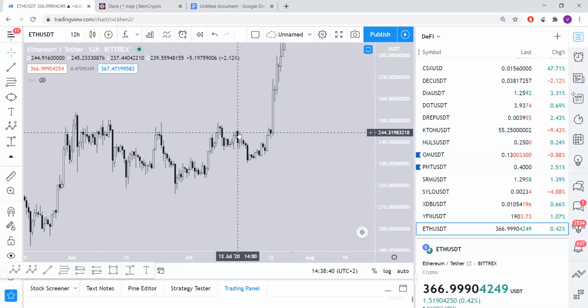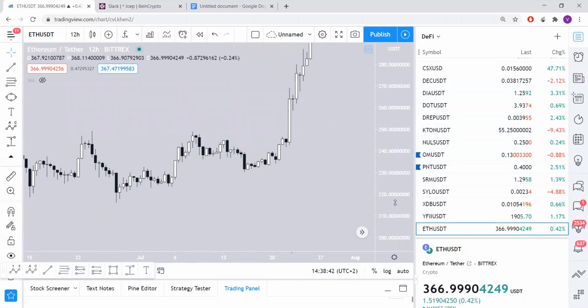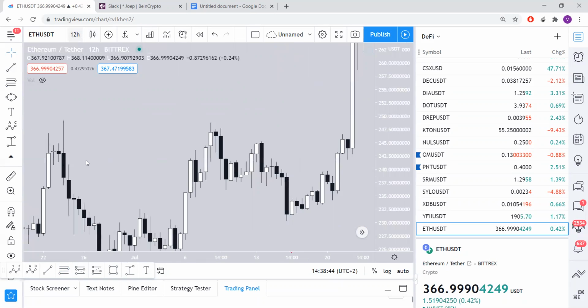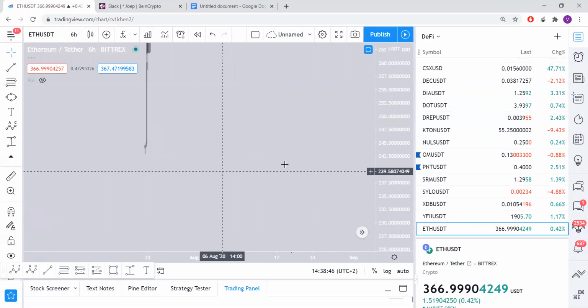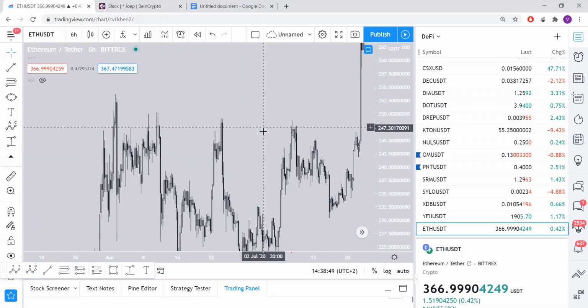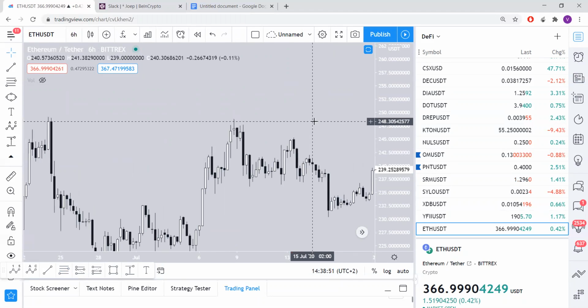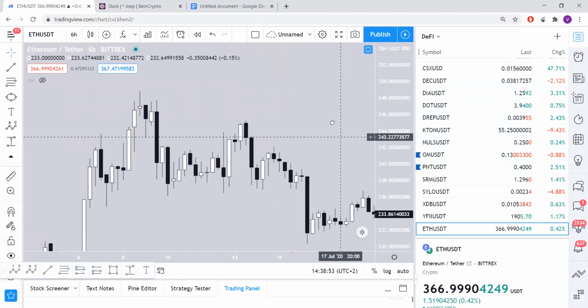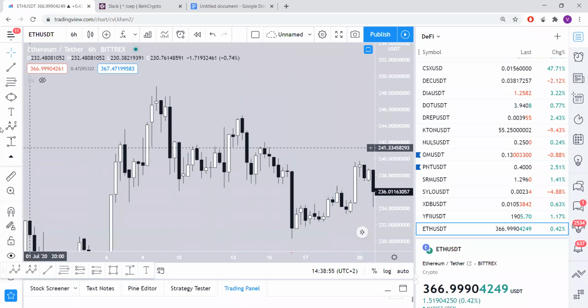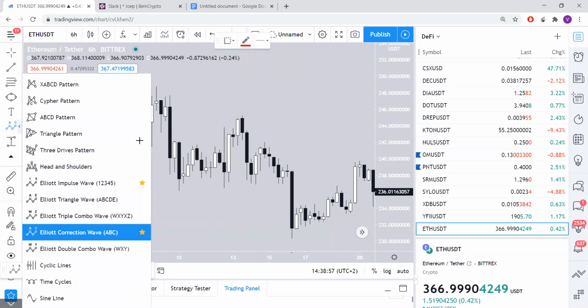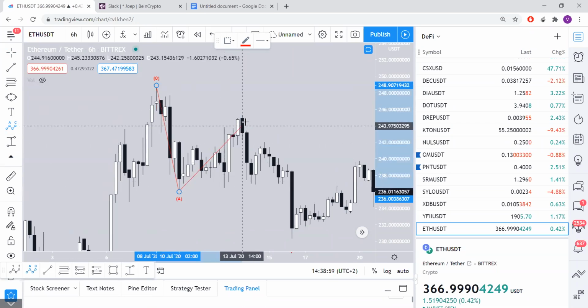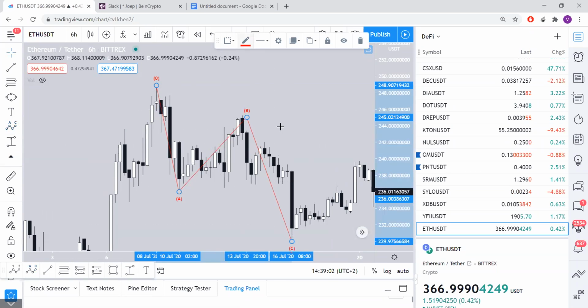I think this is a zigzag, maybe. I'm not sure. I'll check. Yes, that is probably a zigzag. Now, you have this correction here, right? A, B, C.